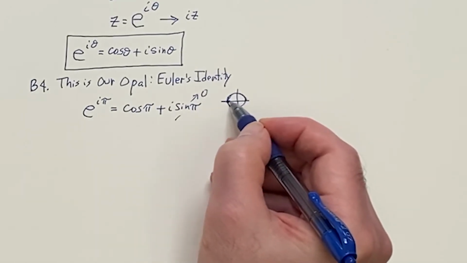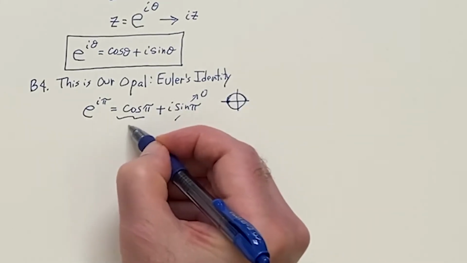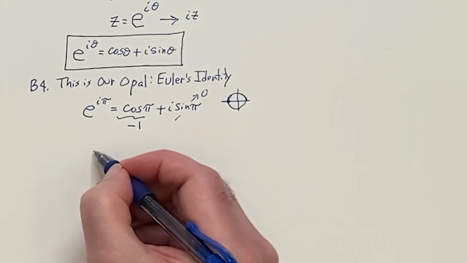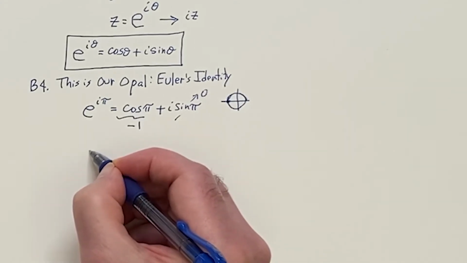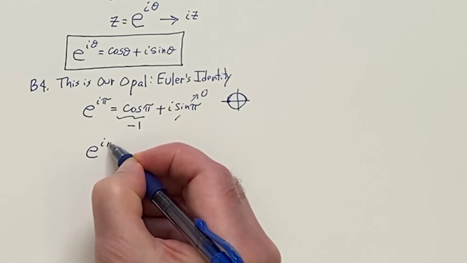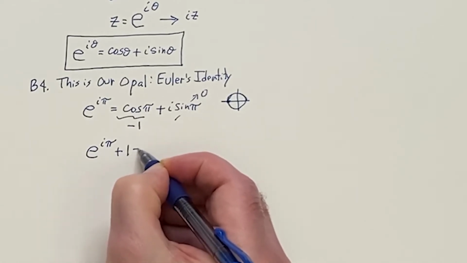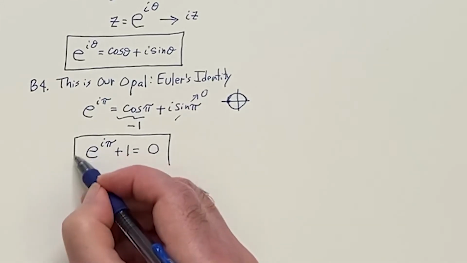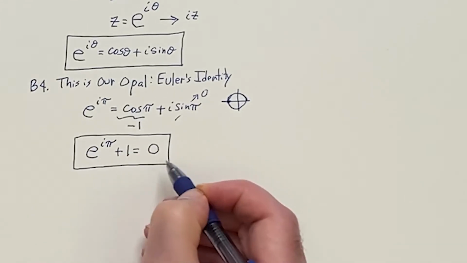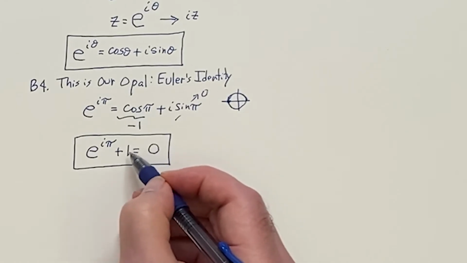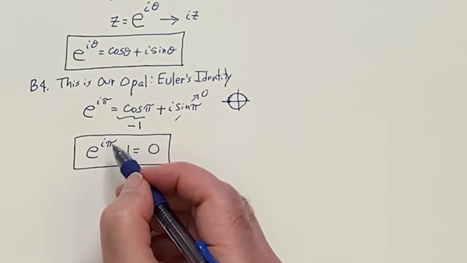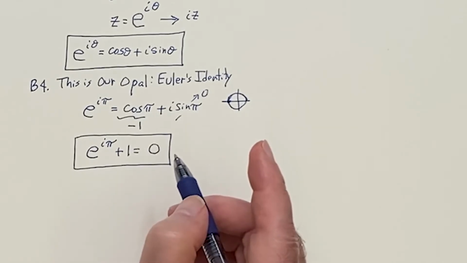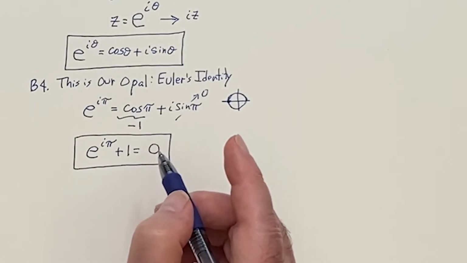And the cosine of pi is equal to minus 1. Now if we add 1 to both sides of the equation, we get e to the i pi plus 1 equals 0. And that remarkable formula is what I call our opal. It has the big 5, the 0, the 1, pi, i, and e, used in the equation once and only once.